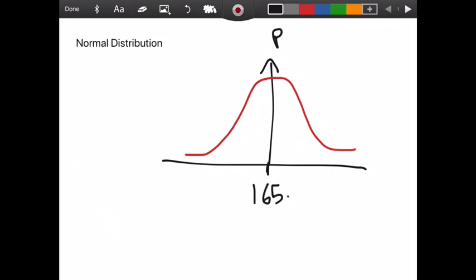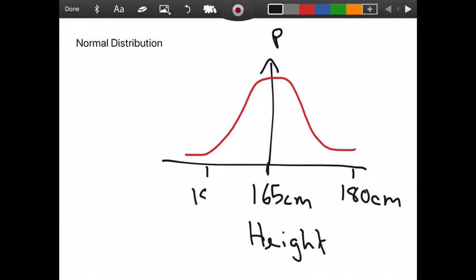Let's go for 165 centimeters in the middle. And then out here, maybe we've got something like 180 centimeters. There aren't many people that tall. And then maybe down here, 150 centimeters. There aren't that many people smaller than 150 centimeters. But the reason it's continuous is people could be 150.5, they could be 150.1.